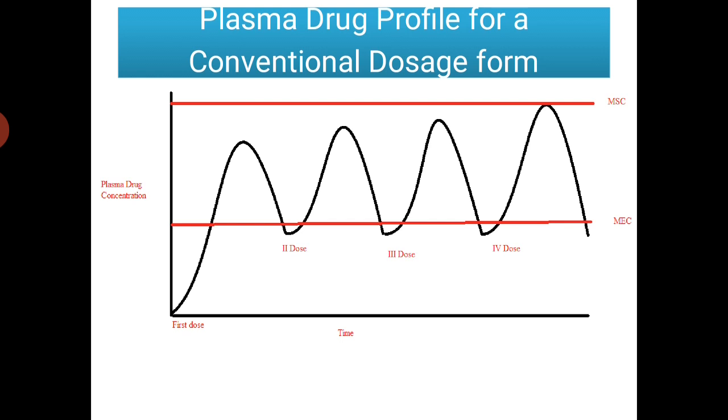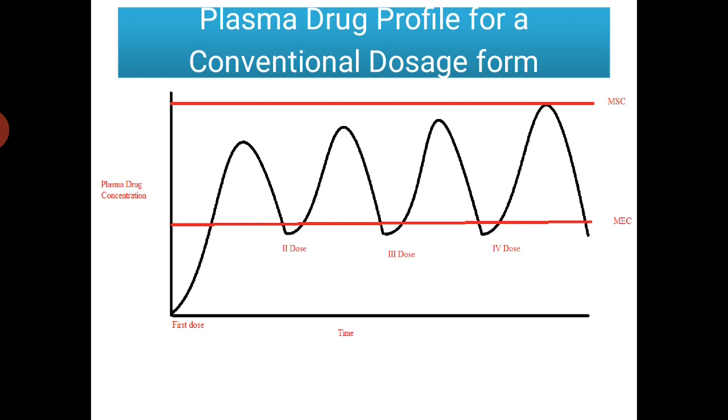The second dose again will increase the plasma concentration. The drug is slowly eliminated out of the body. Because of the elimination, the plasma drug concentration again comes down, maybe below the minimum effective concentration. Again, to maintain the therapeutic effect, to maintain a regular amount of plasma drug in the systemic circulation and to produce a constant therapeutic effect, a safe concentration of drug must be present in our body.